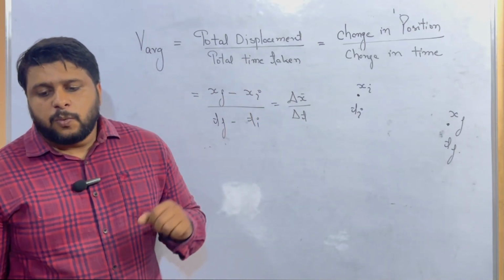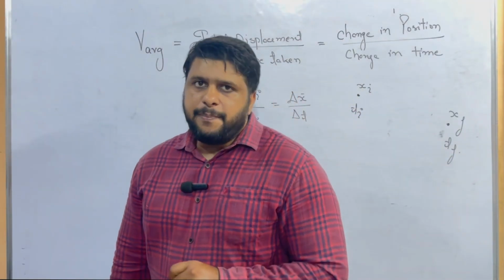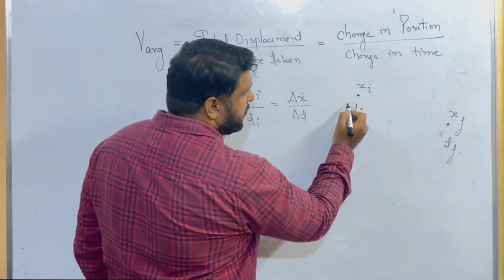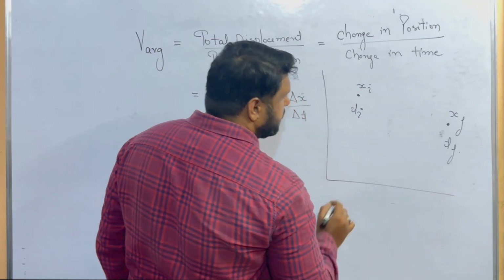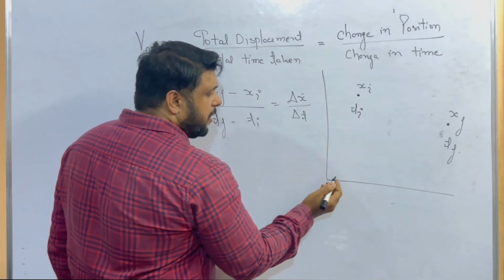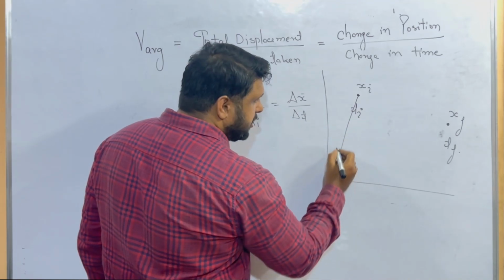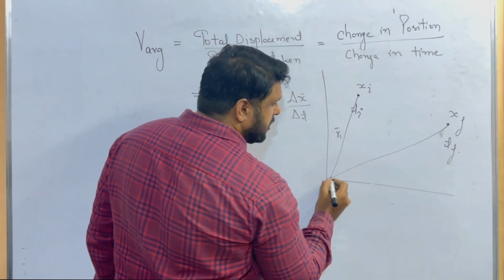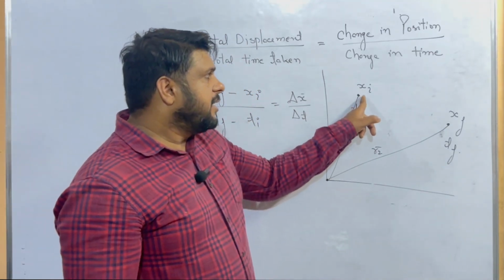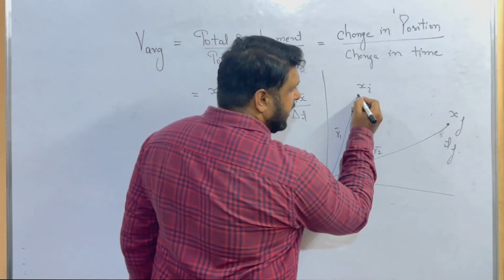Here the direction of the velocity is going to be the same. Let me explain. Let's say this is my reference point, the origin. This is my initial position, this is my final position. This is its r1 position vector, this is its r2 position vector. You can clearly see that it has moved from x initial to x final, so it has taken this path.